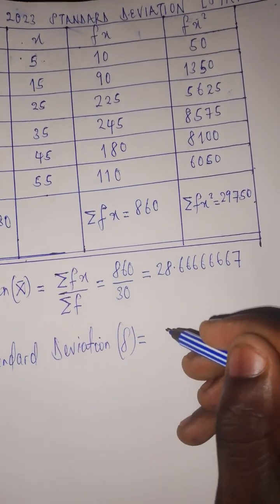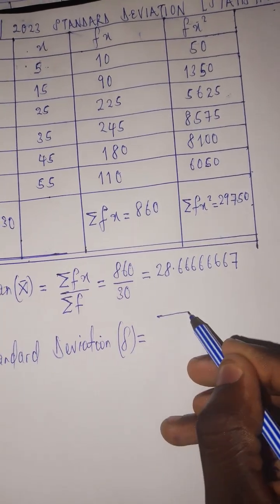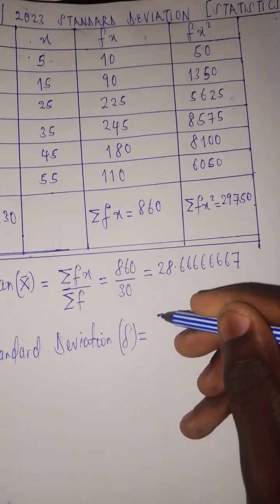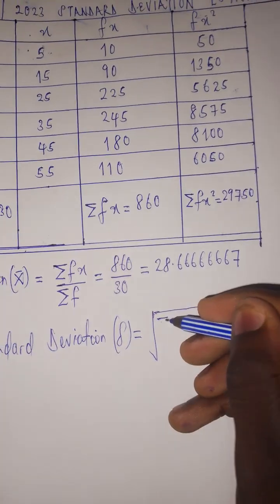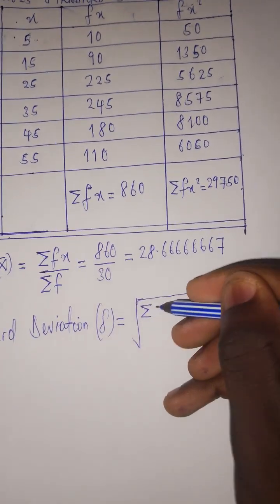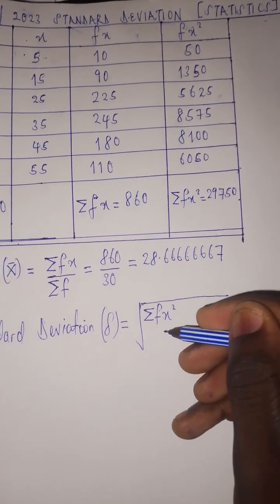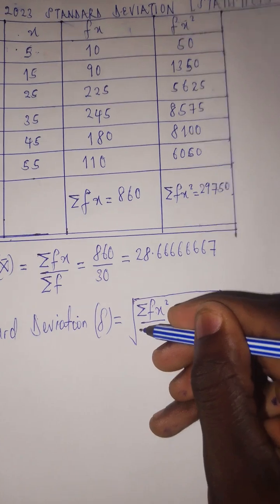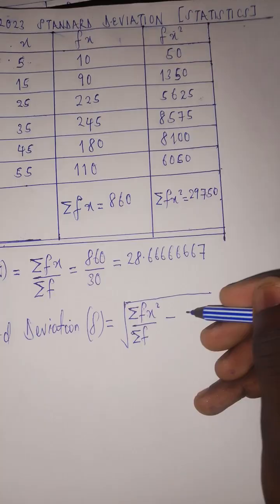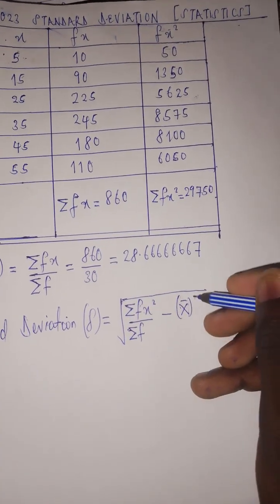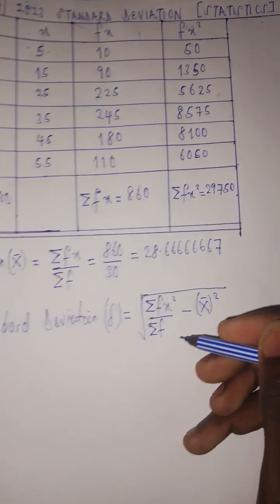Since this is grouped data, standard deviation is given by the formula square root of summation of frequency multiplied by the square of the midpoint, over summation of frequency, minus the mean squared. So this is how to calculate standard deviation.